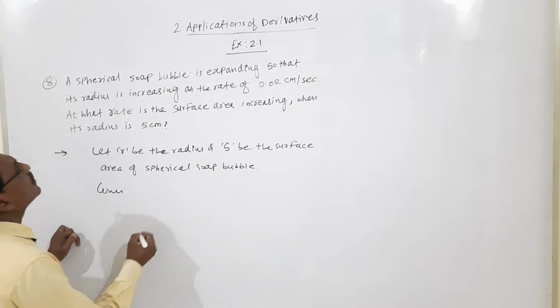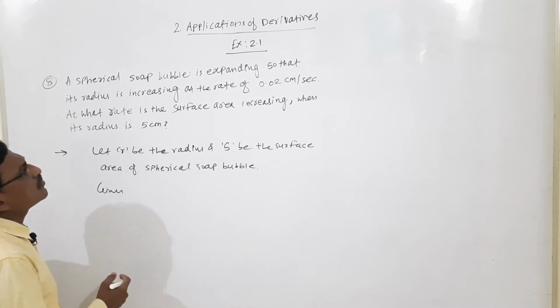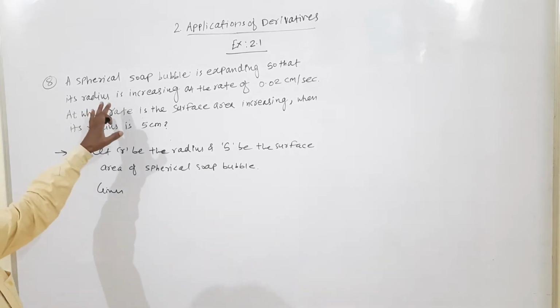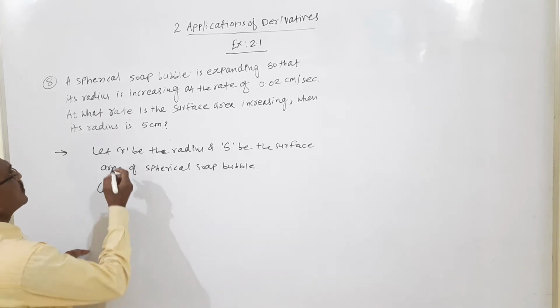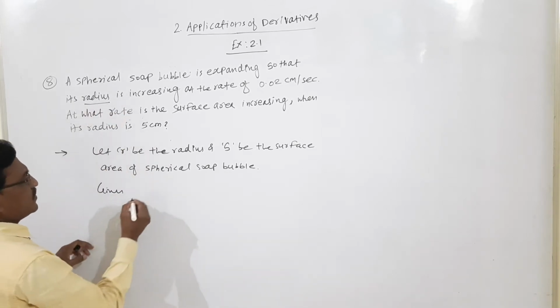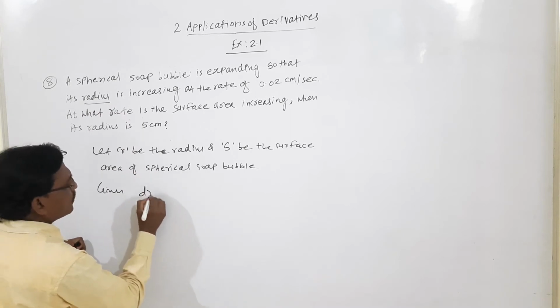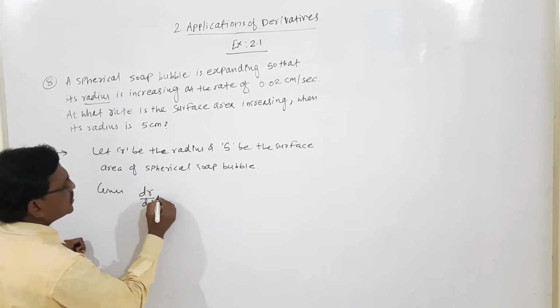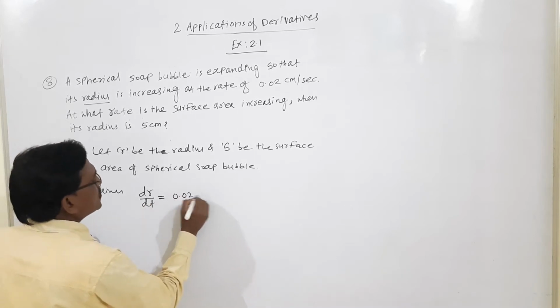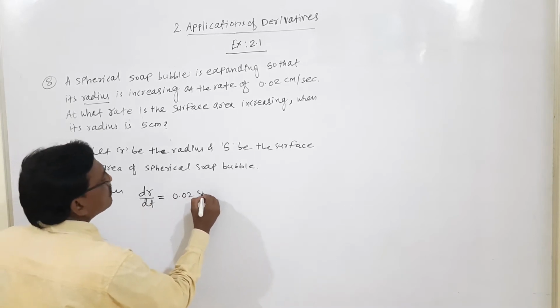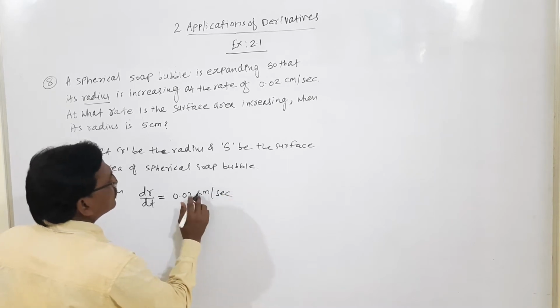The rate of increase of this spherical soap bubble is given: its radius is increasing, that's why dr by dt is equal to 0.02 centimeter per second.